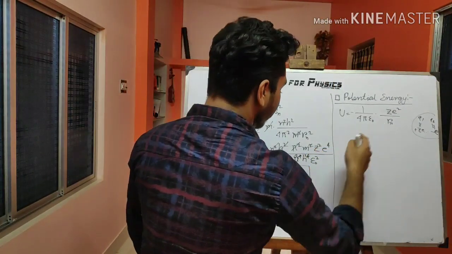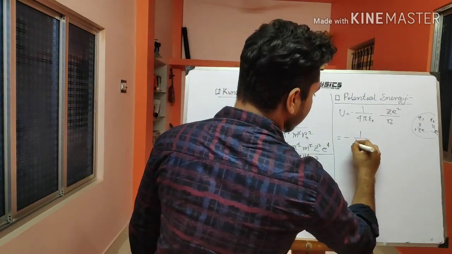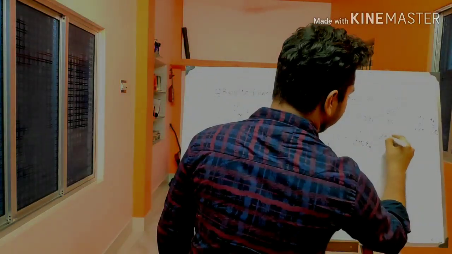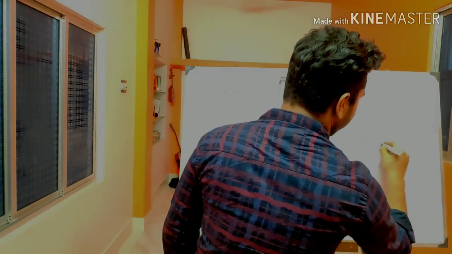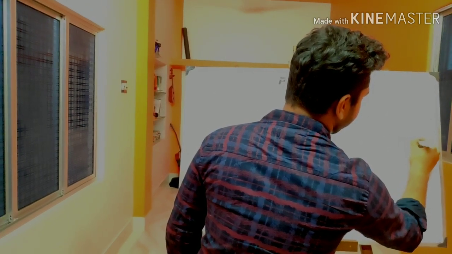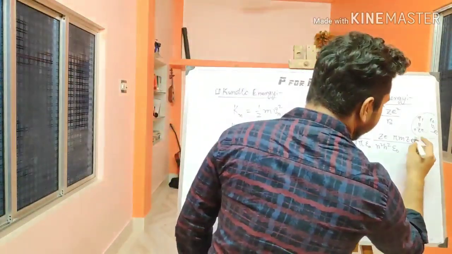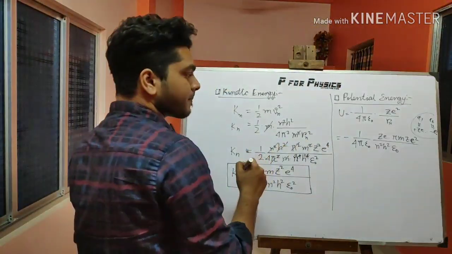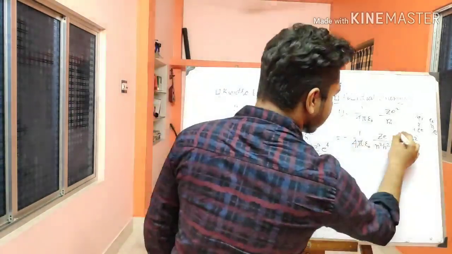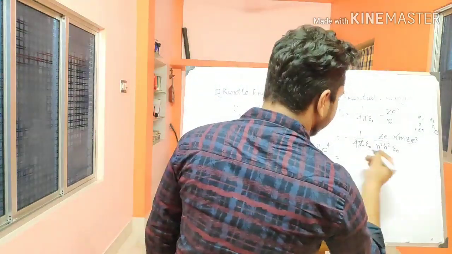Now simply put the value of Rn that I wrote. I think you should be memorizing that by now. It was n square h square epsilon naught by pi m z e square. Say it a few more times and you will simply memorize it, no problems. So that's all.